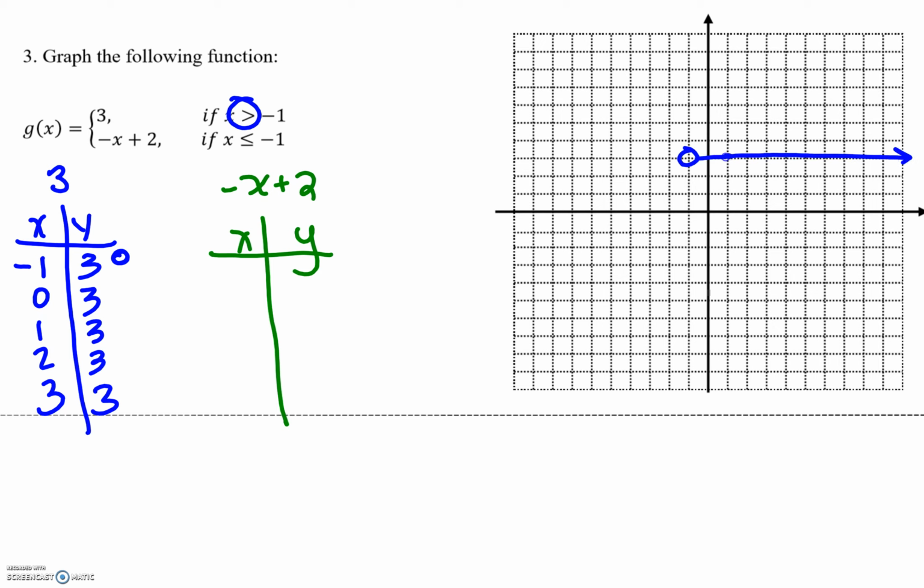You don't have to make the individual dots here, but if you want to, you can. And then for the last part of the line, right here, we're looking at -x plus 2, and we're only graphing that when your x values are less than or equal to -1. And we're going to use a closed circle here. When I pull up my table, I have a 3, 4, 5, and 6.